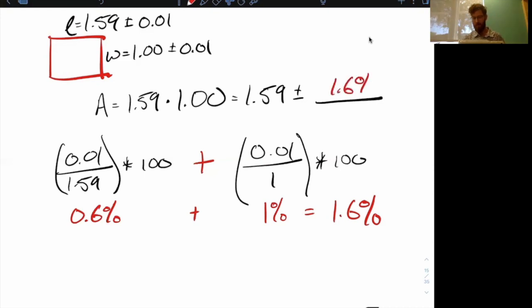How do we find 1.6% of 1.59? Well, we can put 1.6% here, but maybe we want to display this as an absolute error. All you have to do is convert, ladies and gents. How do you find 1.6% of 1.59? Different ways to do it. I prefer to break 1.59 into 100 and then multiply by 1.6.